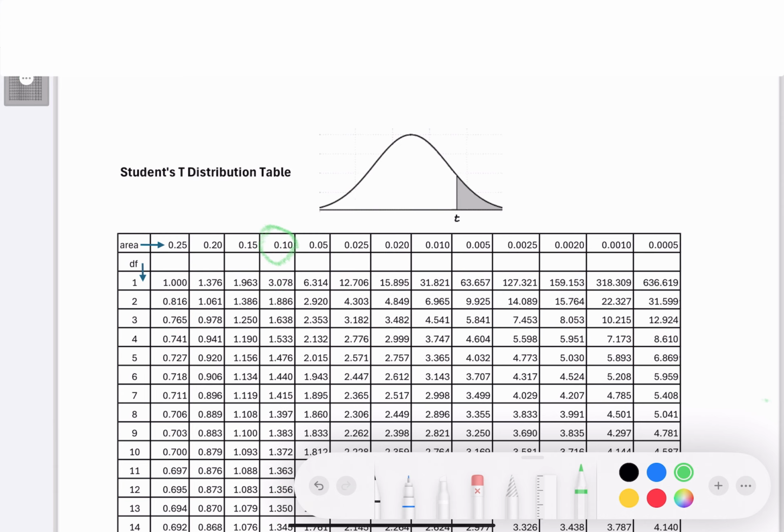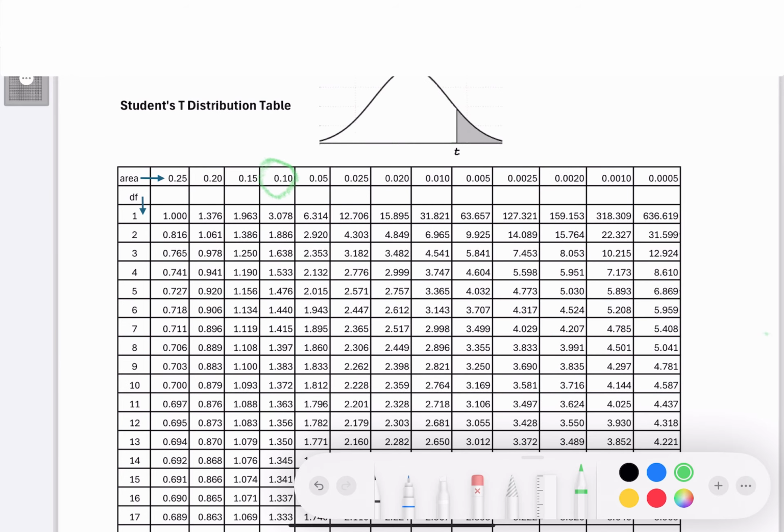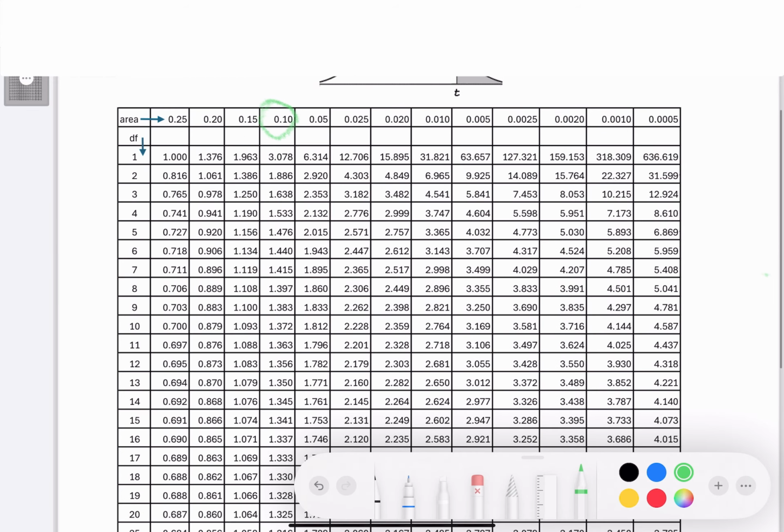So finding 15 degrees of freedom on the table brings us to there. So I'm looking for a t-value that corresponds to area 0.10 and degrees of freedom 15, which brings me to this square, and I get 1.341.